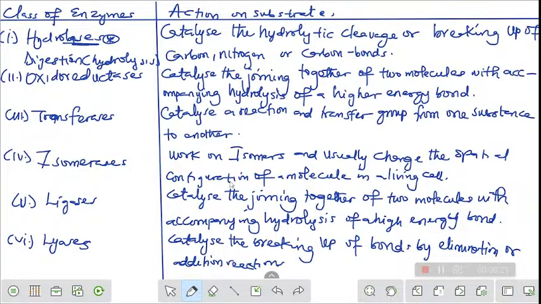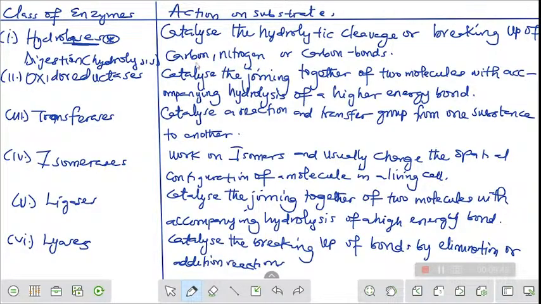They are digestive enzymes. Now let's look at their action on substrates. They catalyze the hydrolytic cleavage, or breaking up, of carbon-carbon, carbon-nitrogen bonds. That's their function. They just break things.